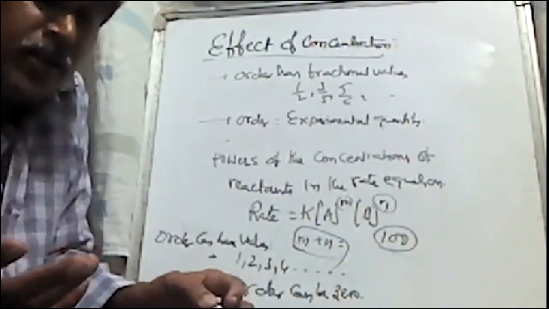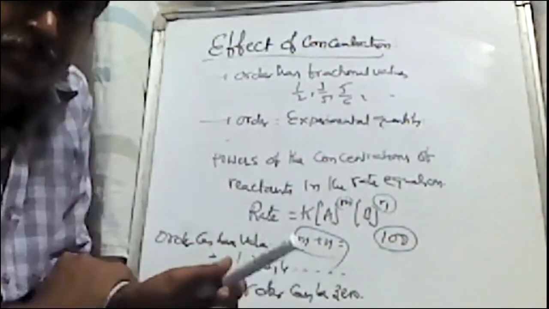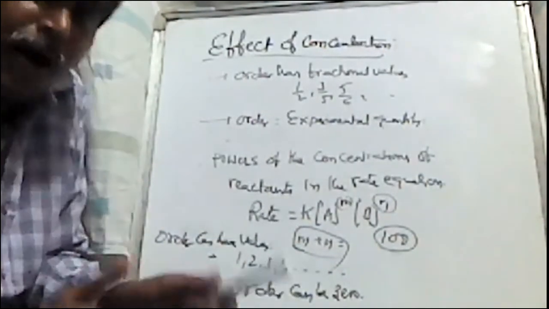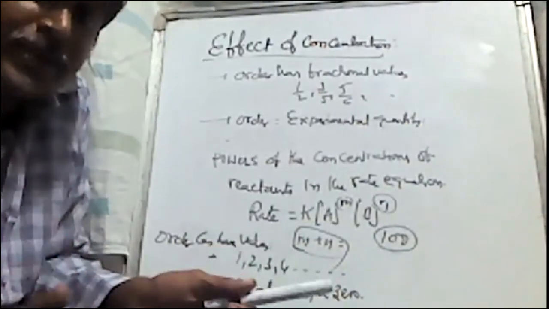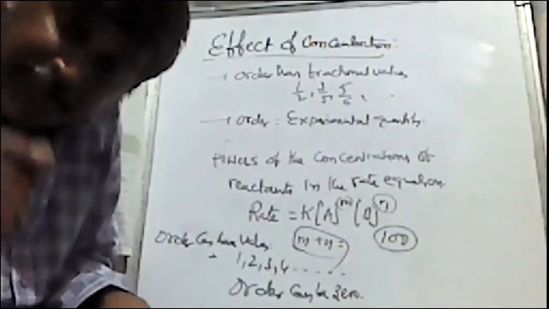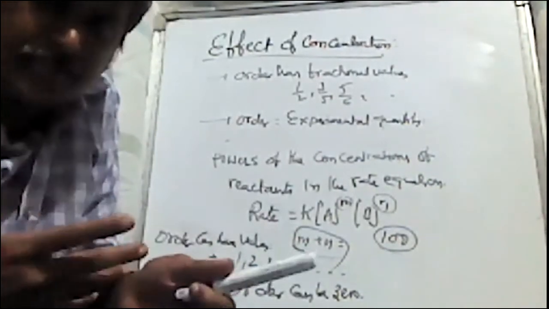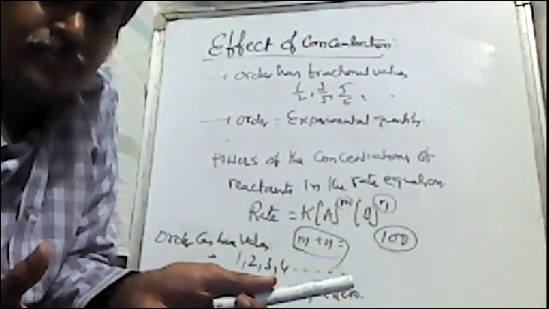You see, to know how many students are there, we can just count the heads. But to know how many of them are listening to the class, that can be an experimental quantity. Like this, order is an experimental quantity. It cannot be predicted theoretically. By seeing 100 in the class, we cannot say all are listening.